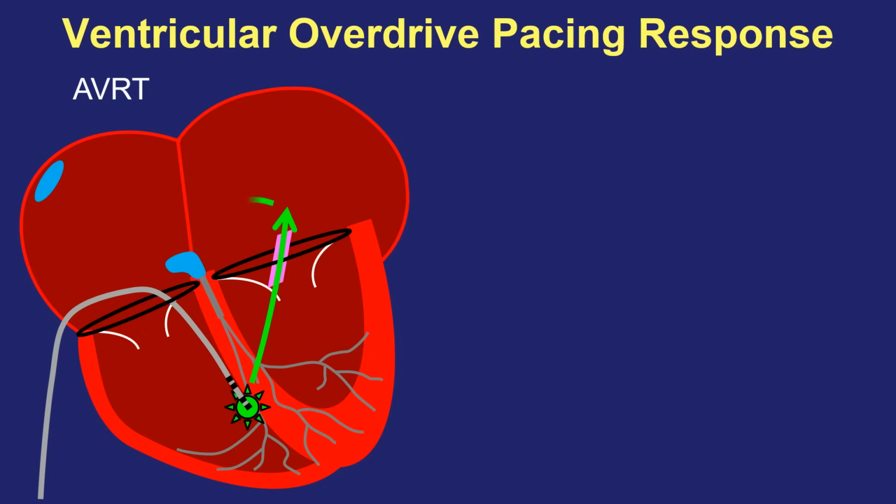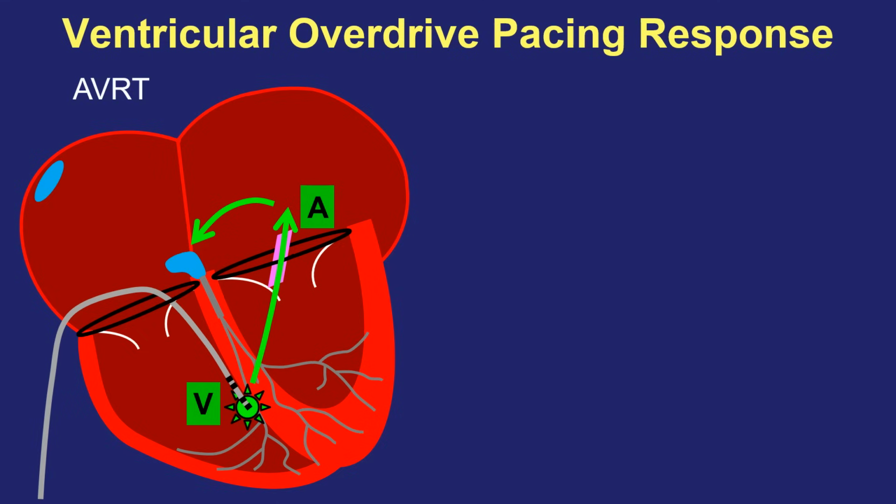You pace in the V, and you conduct retrograde up the accessory pathway in exactly the same way that was occurring during the tachycardia itself. Again, this is AVRT as an example. And on that last paced beat, before you stop pacing, the last two things that happen are a ventricular event, that's the pacing, and then you conduct back up to the atrium, back up the accessory pathway in the same way as during tachycardia.